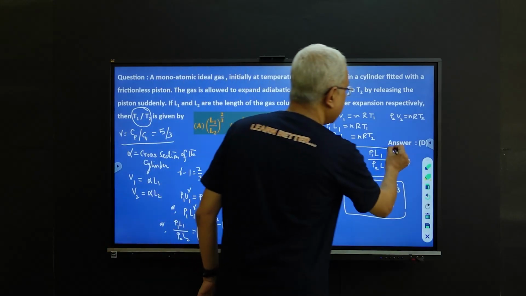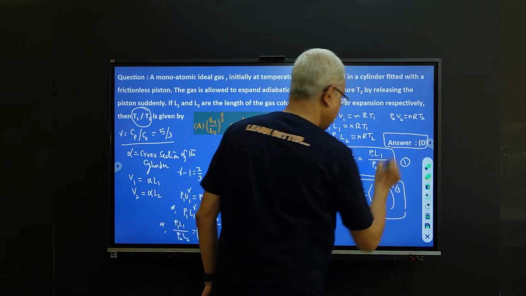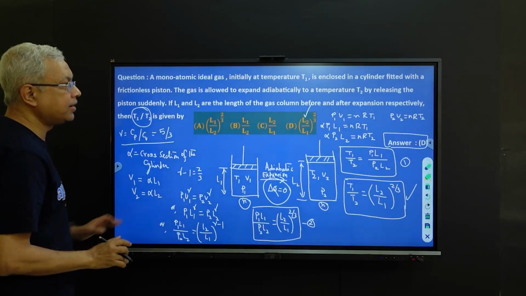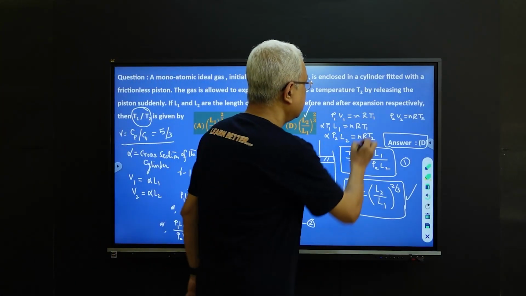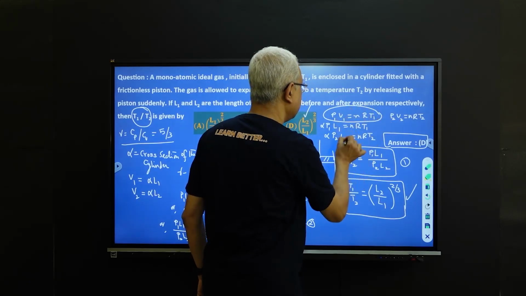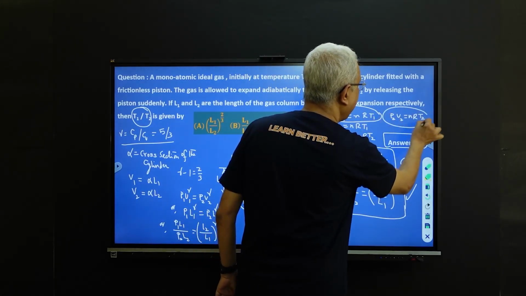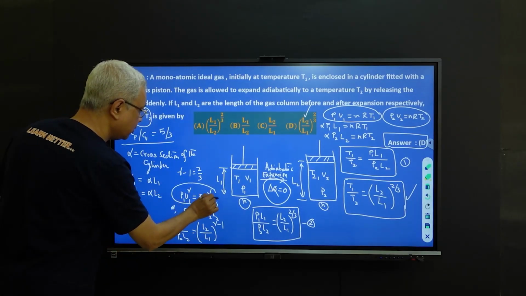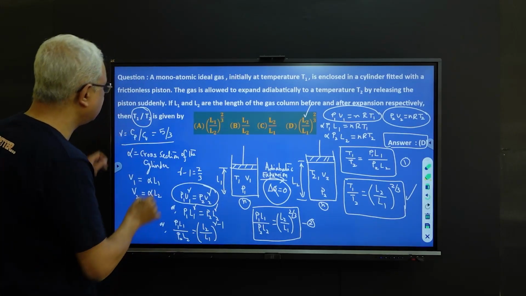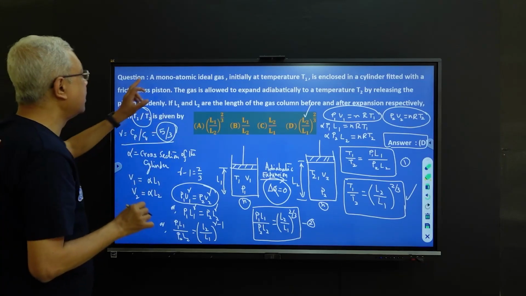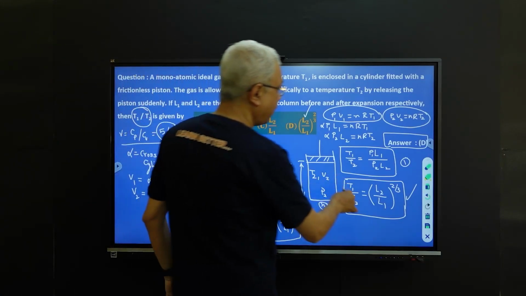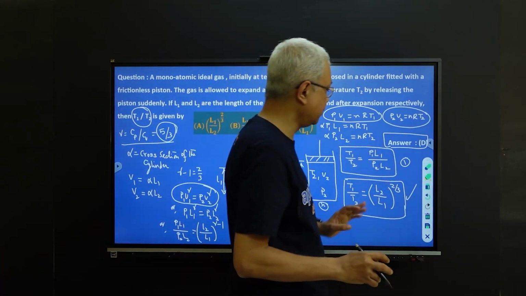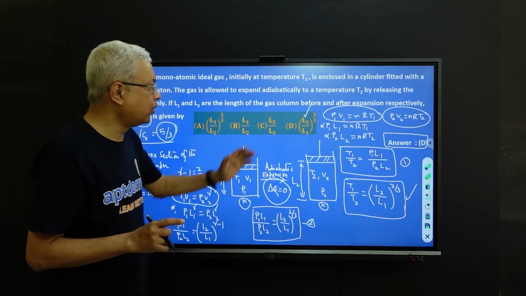So D is the correct answer. Very simple problem. We are applying the ideal gas law, and these three equations, and gamma's value we have taken 5 by 3 for ideal monatomic gas, from which we can find T1 by T2 equal to L2 by L1 whole to the power 2 by 3.